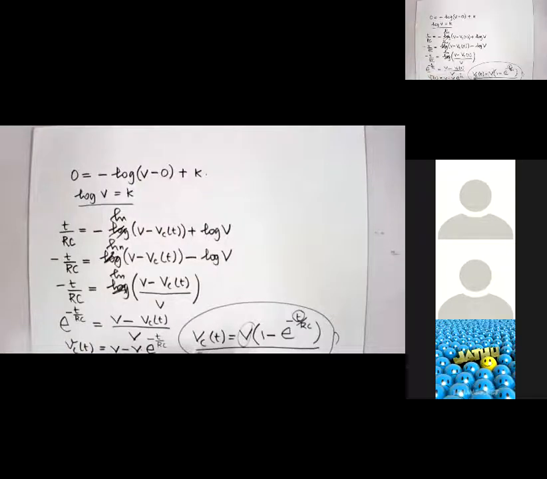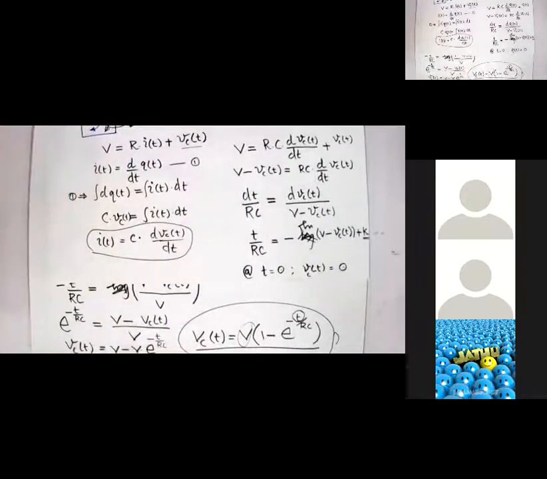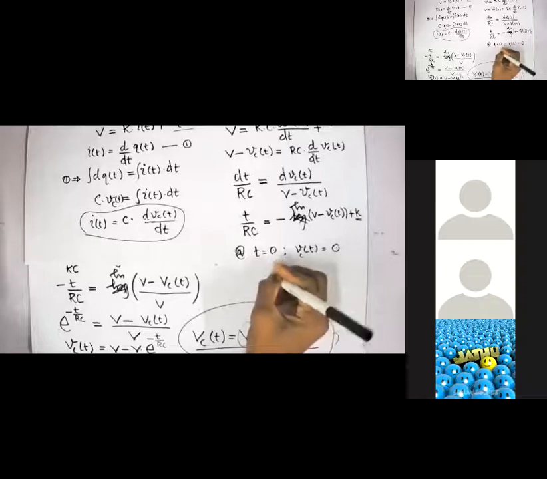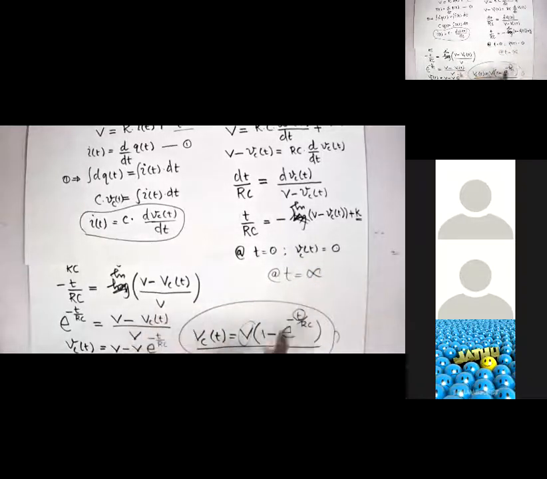What is the voltage across the capacitor at steady state? Now, can you find it using the equation? At steady state we can consider t equals infinity, right? So at t equals infinity, what will happen? What will be the voltage across the capacitor, VC of infinity?